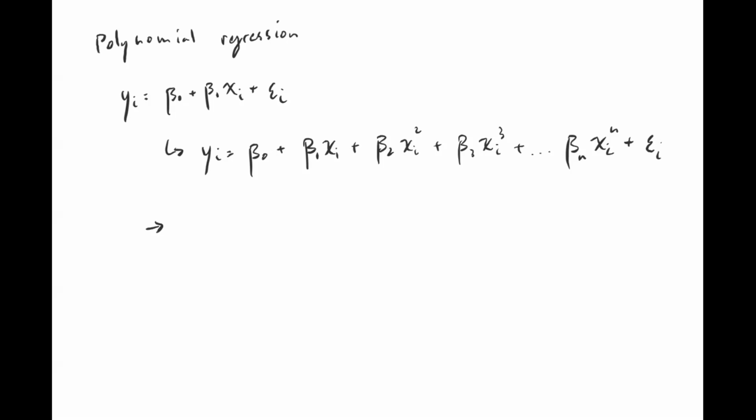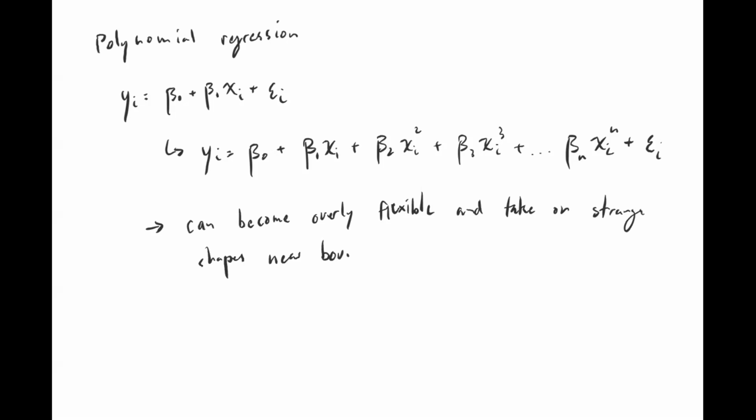And from a practical perspective, doing this kind of transformation can become overly flexible and take on strange shapes near the boundaries of x. So we'll show an example of this in just a moment.